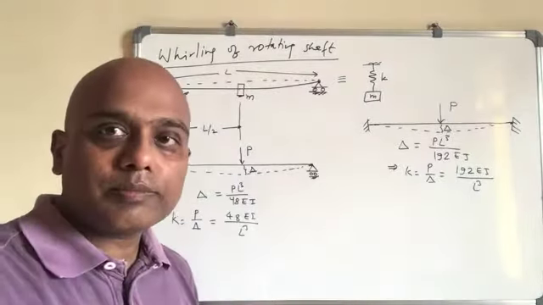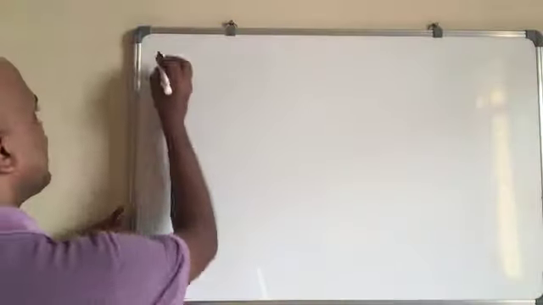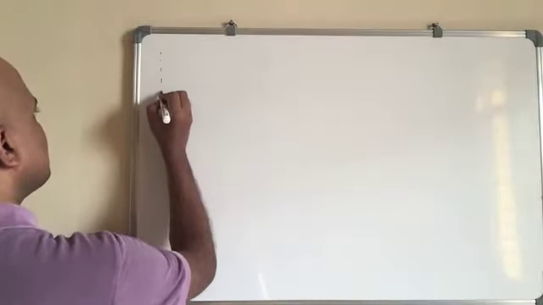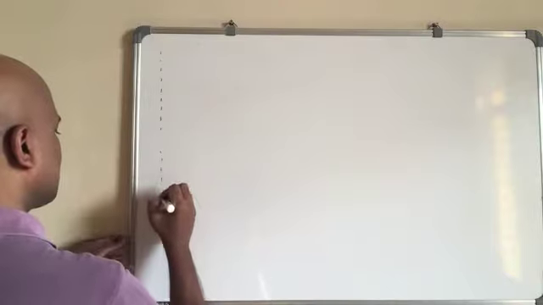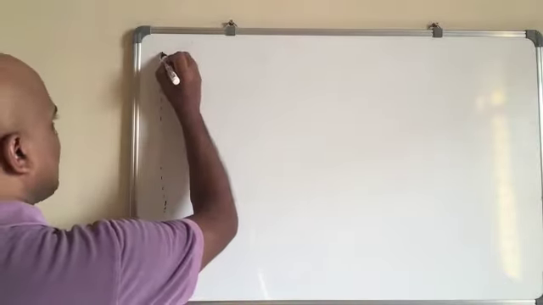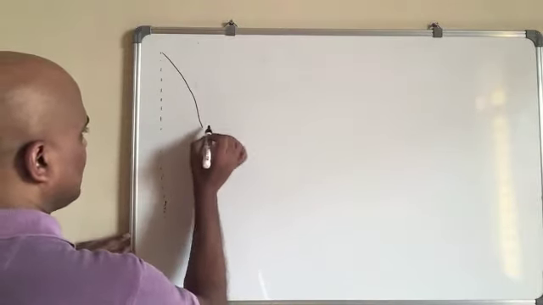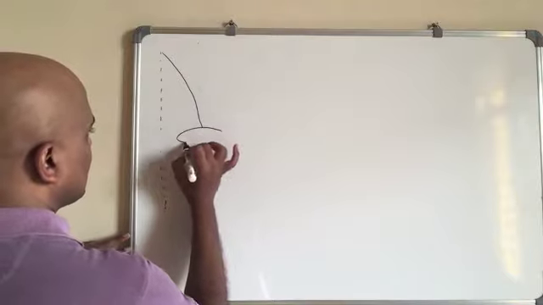So let's analyze further. Let us say this is the original axis, and then the beam bends like this, and there is a rotor here.